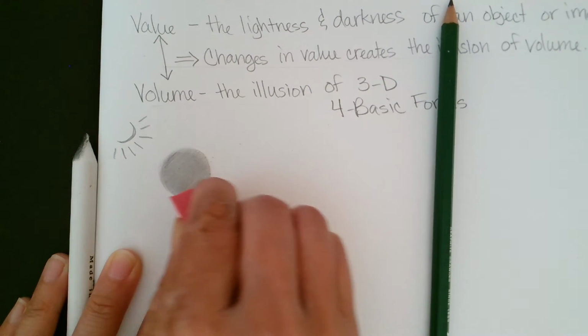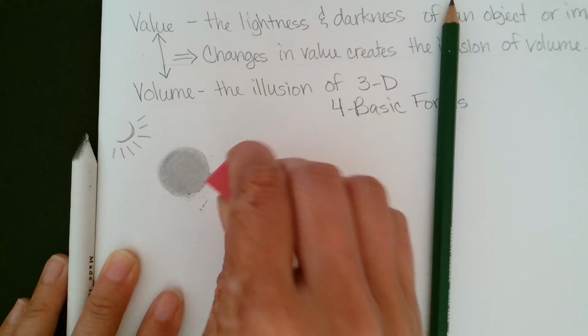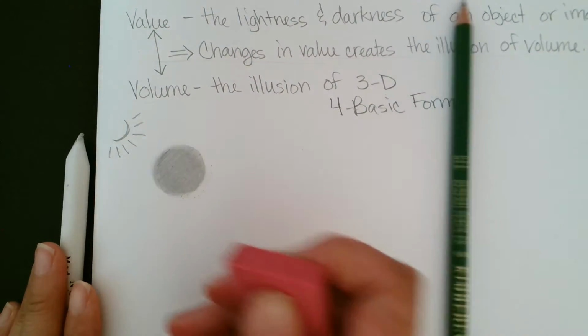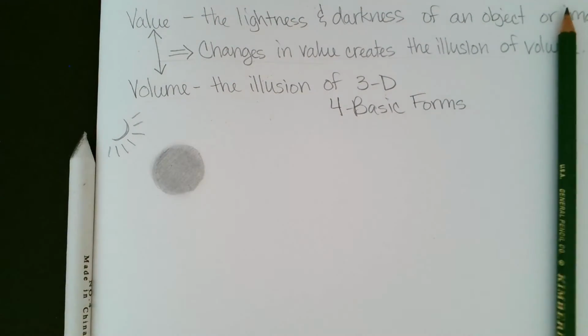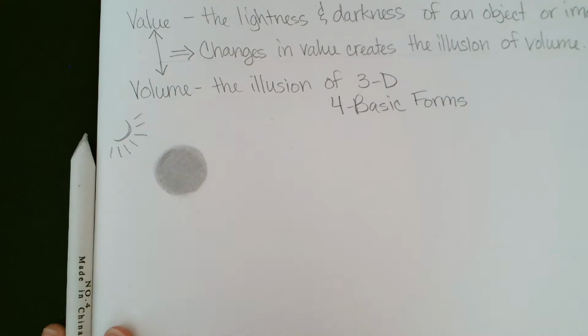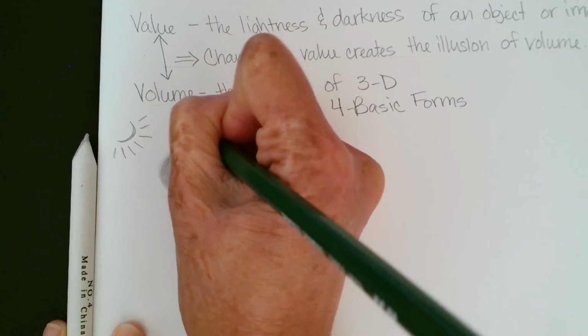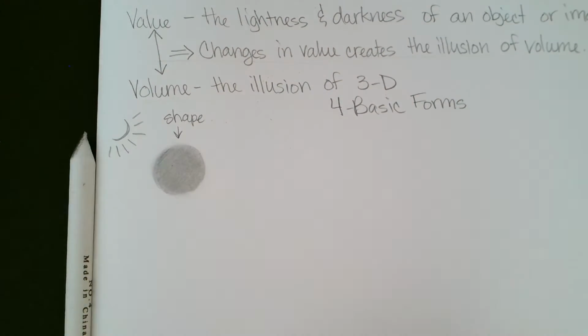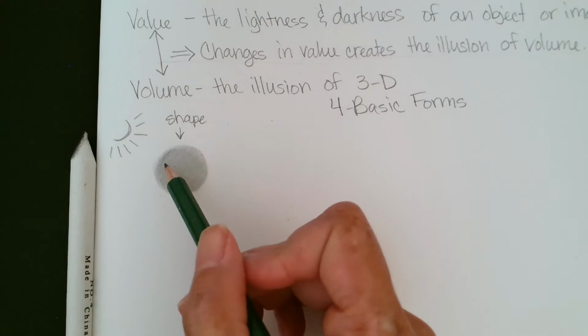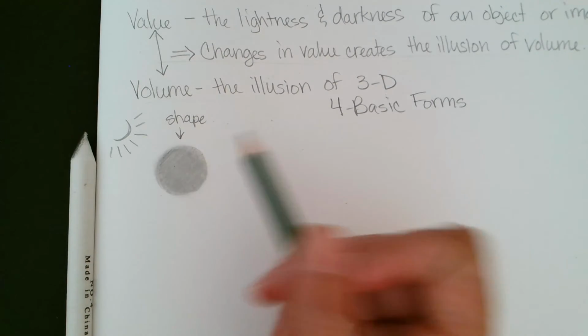So, I mean, there's a little bit of variation in the value, but for the most part, it's flat. So this is a shape, and there's a difference between shape and form. So a shape is just all one value.